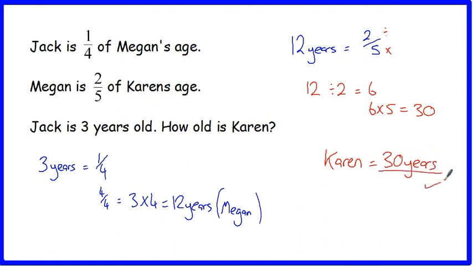Let's just check. Callum is 30. 2/5 of 30 is 12. Megan is 12. Jack is 1/4 of 12, which is 3. And I've proved to myself that that question is correct.